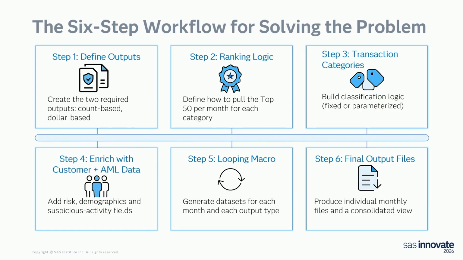Next is how we actually go through the steps to create this data. The first part is to find out how we build account-based SQL code or SAS code, or whatever kind of code you want, and how you want to build a dollar-based one. So now we know we're going to have two codes, and they're going to be repeated. Once we define the code, we want to figure out all the different types of transactions we're going to be dealing with.